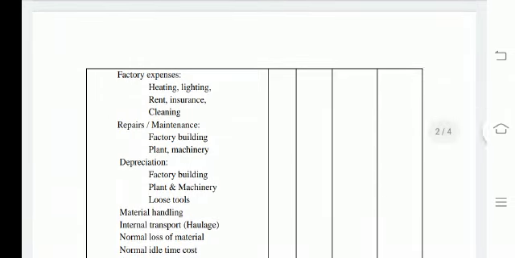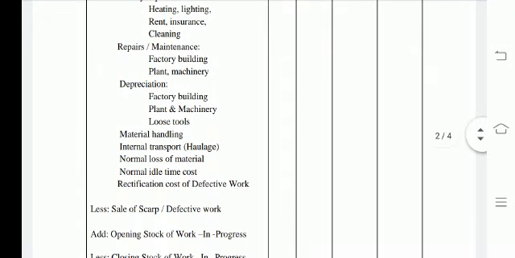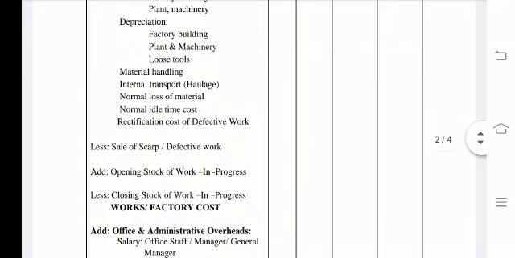Similarly, factory expenses like heating, lighting, rent, insurance, cleaning, repairs towards factory building and plant and machinery, depreciation towards factory building and plant and machinery, loose tools also, material handling, internal transport, normal loss of material, normal idle time cost, rectification cost of defective work.